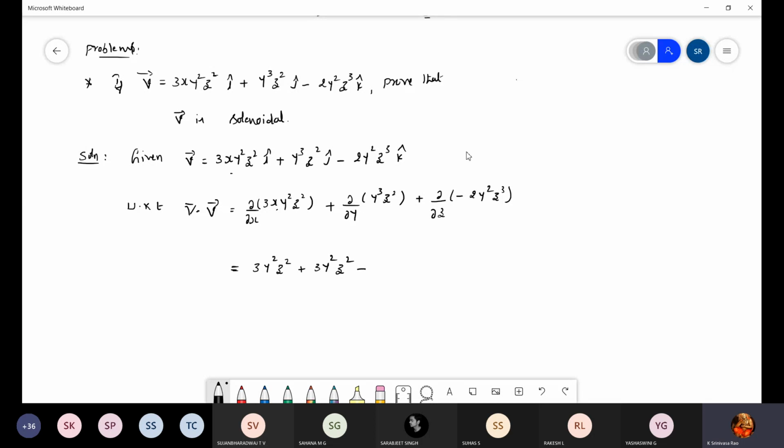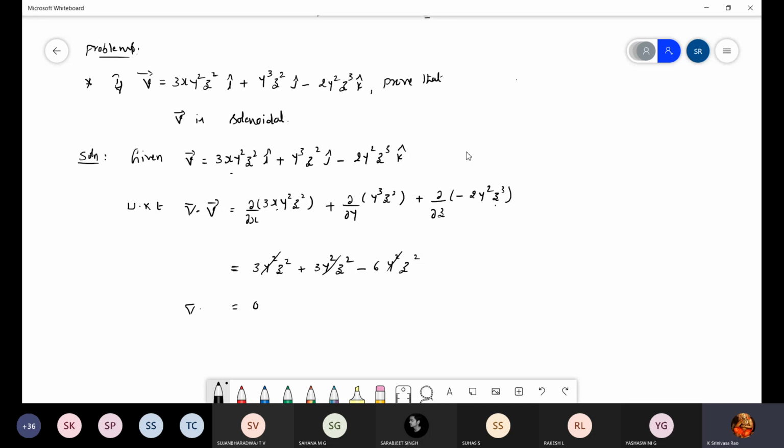Minus, partially with respect to z, z³ differentiation is 3z², so 6y²z². So you can cancel: 3 minus 6, 6 minus 6 is 0.